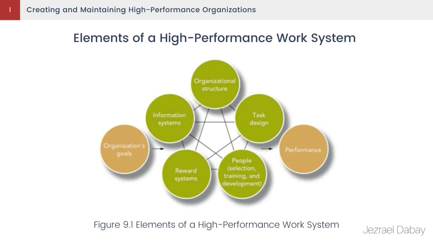Organizational structure is the way the organization's people are grouped into useful divisions, departments, and reporting relationships. Task design is how the details of the organization's necessary activities will be grouped, whether into jobs or team responsibilities.